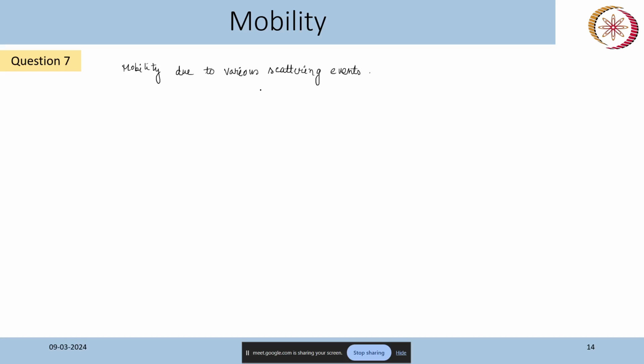To solve this problem we will use Matthiessen's rule of mobility.